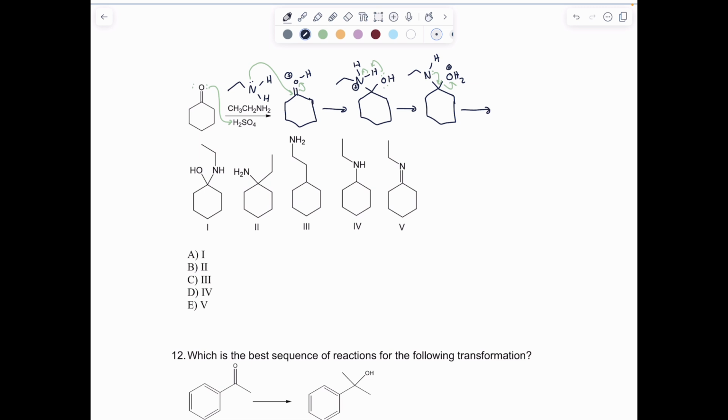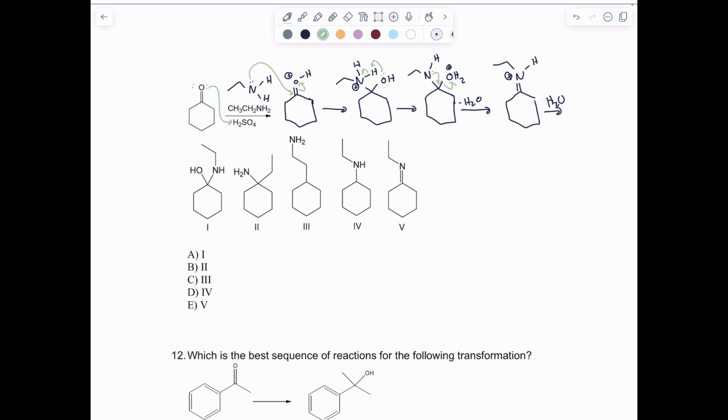So we lost water, we lost H2O, and we are left with this double bond nitrogen with an ethyl group and a hydrogen, which again is now positively charged because the nitrogen has 4 bonds. So we're going to do an acid workup, probably just using H2O, or you could use HSO4-.